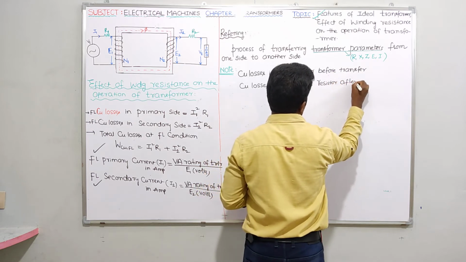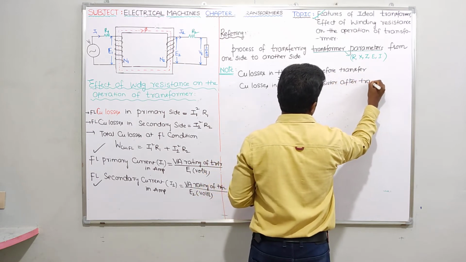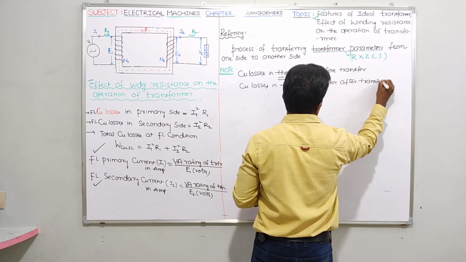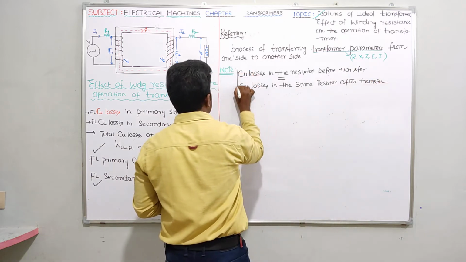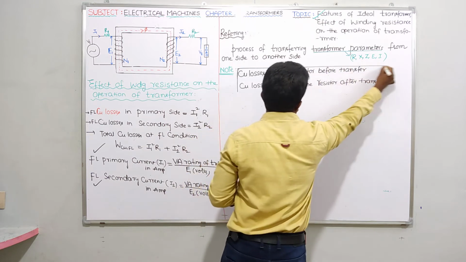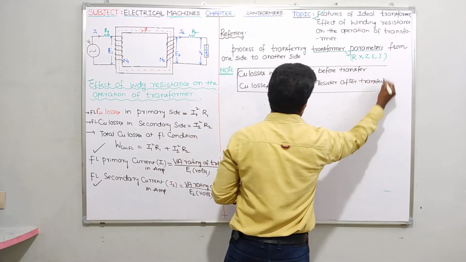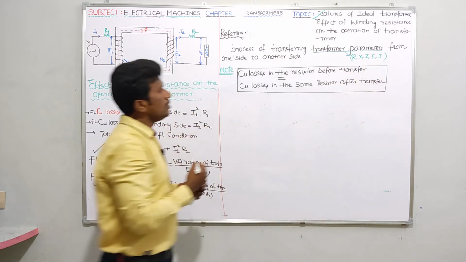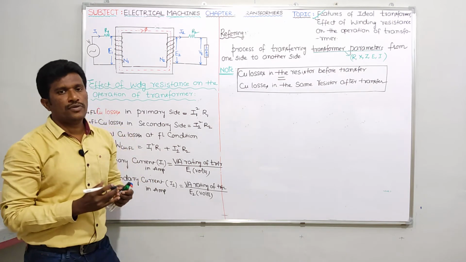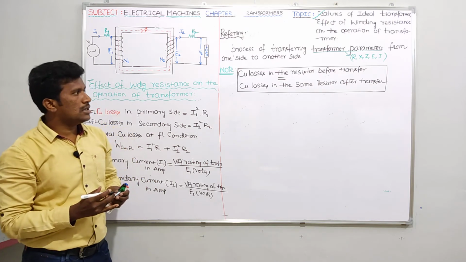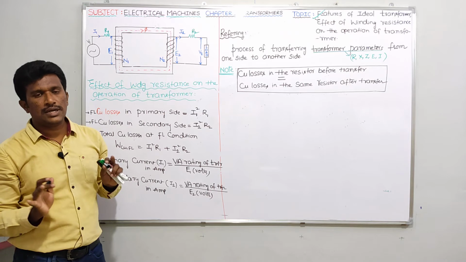This condition you have to follow. Please try to keep it in a box. Copper loss in the resistor before transfer is equal to copper loss in the same resistor after transfer. This is the condition you have to follow.